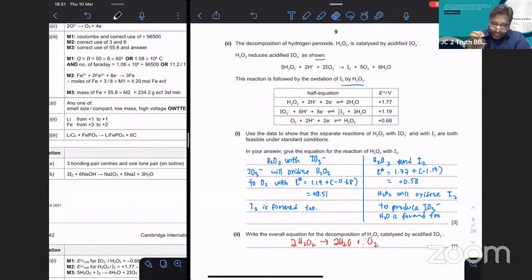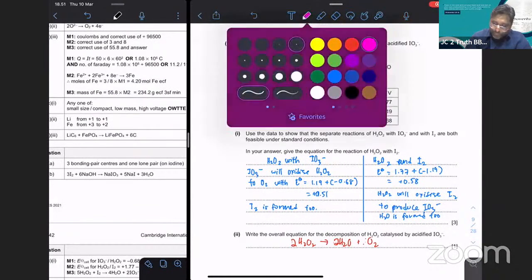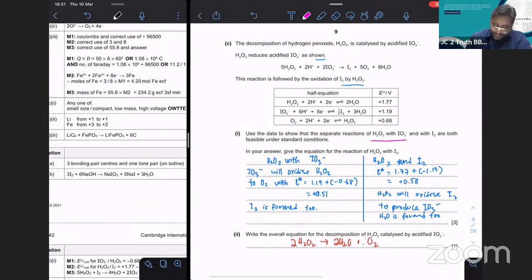If you follow the question properly, they say to use the data to show the separate reactions of H2O2 with IO3 minus, and after that with I2. We need to show whether they are feasible or not under standard conditions.